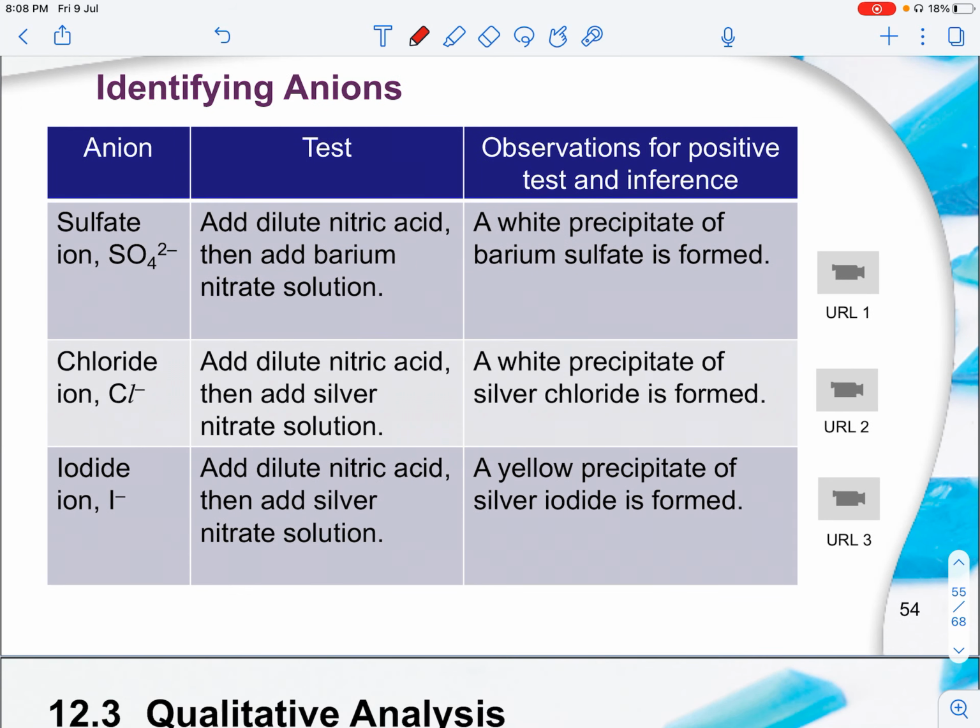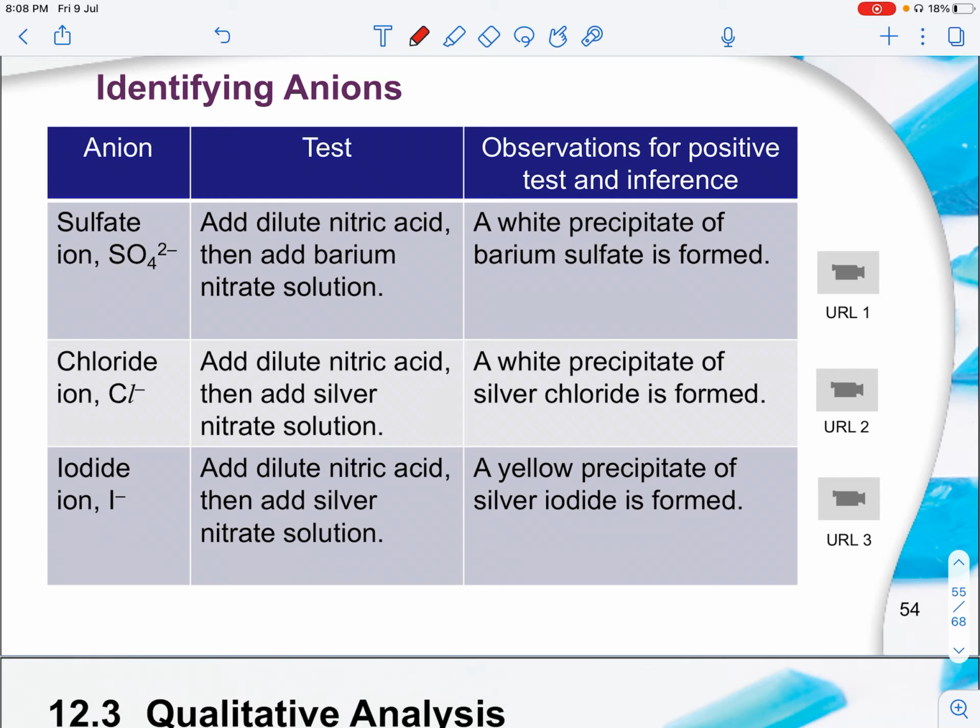For sulfate, very simple. You just have to add nitric acid and barium nitrate. The purpose of the nitric acid is to remove the carbonate ions, so that when barium is released and is able to react with the sulfate ion, it will form a white precipitate. This one does not require any test of gas. For chloride ion, you use the same concept, but rather than using barium nitrate, you use silver nitrate.